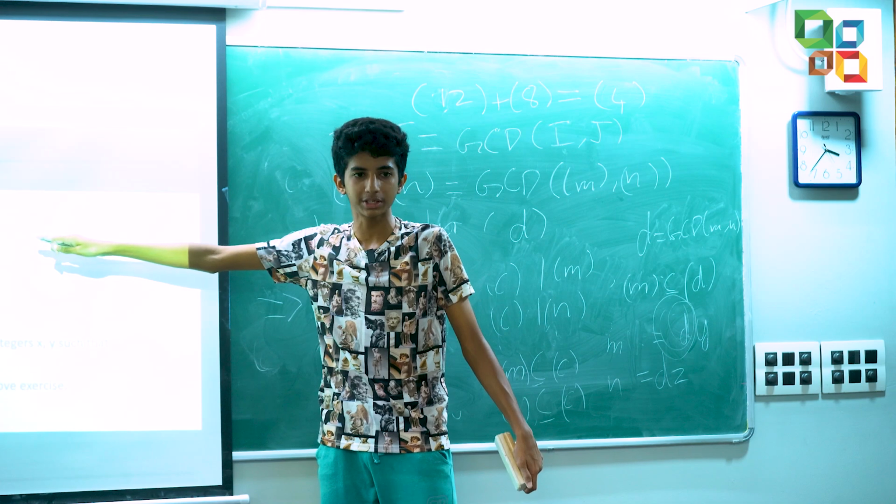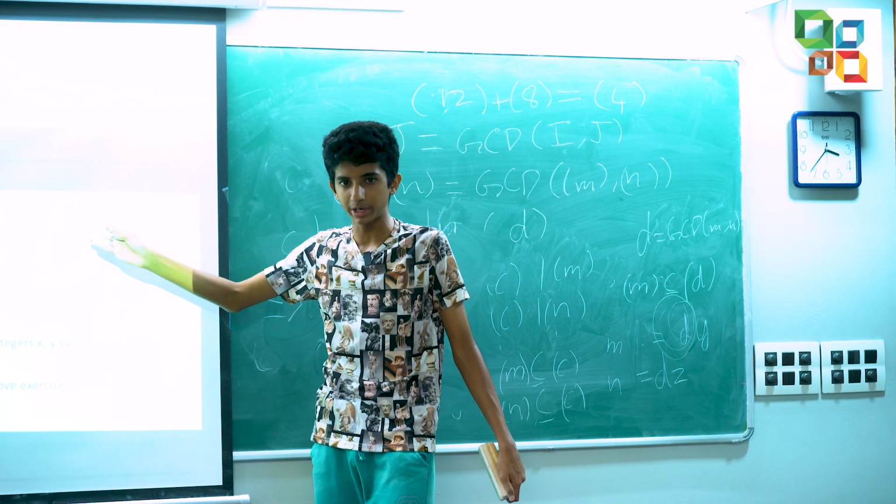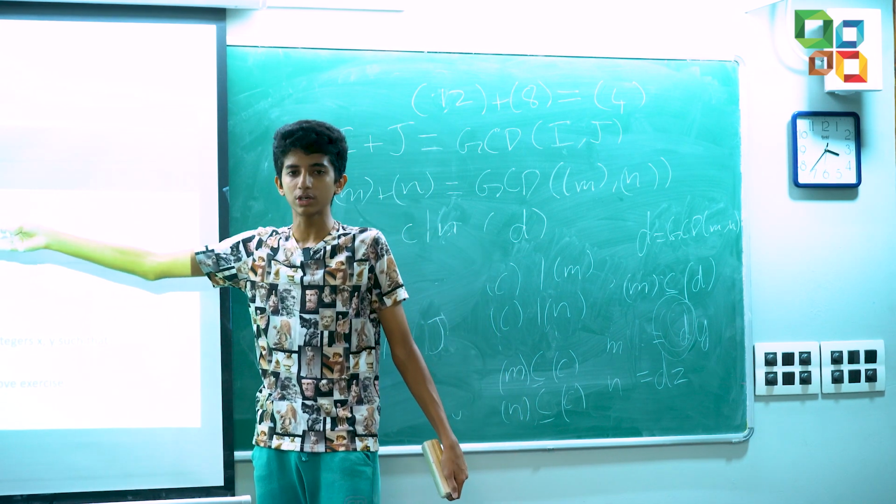You have to first show that it is the LCM of two ideals, then show that it is generated by a single element, and then show that L is equal to the LCM of m and n.